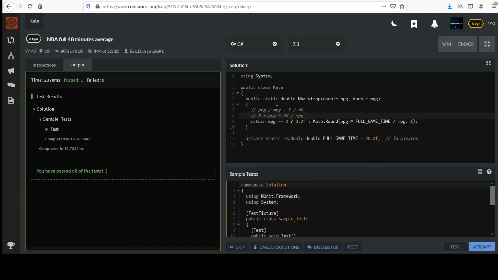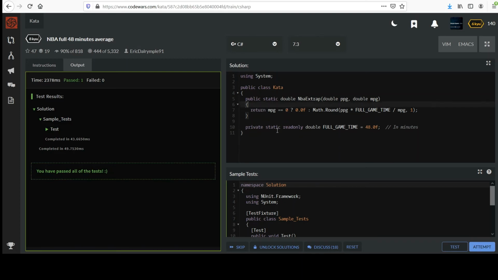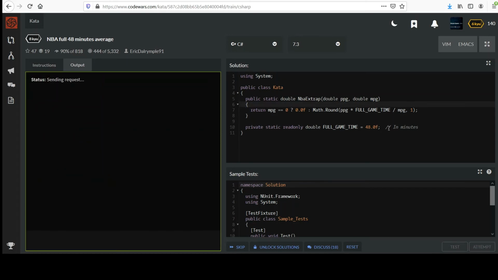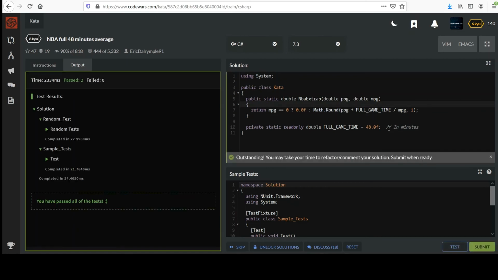Looks good. I'm going to get rid of the notes here. I think we should probably have got that. Let's do the larger attempt. And good, we hit all the tests. So we'll go ahead and send this off.